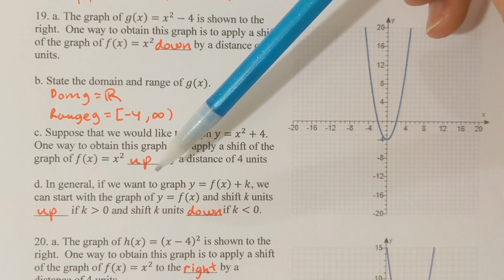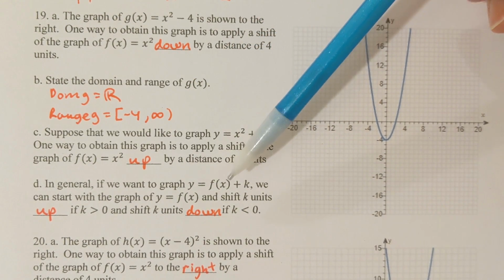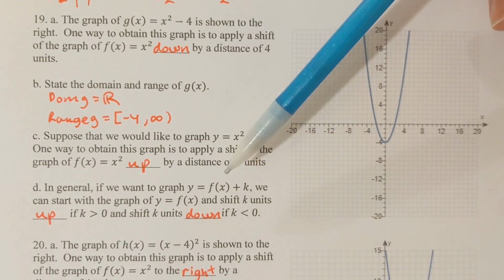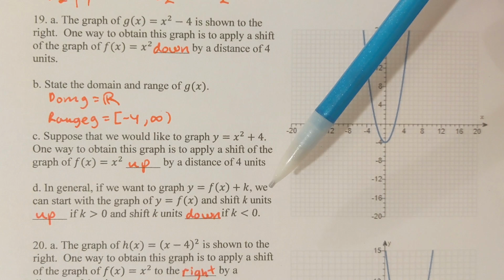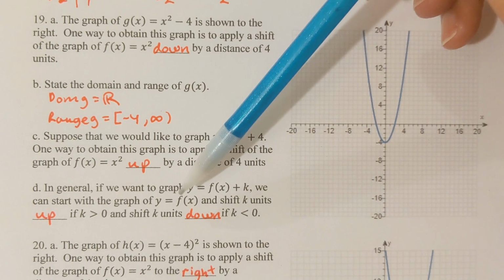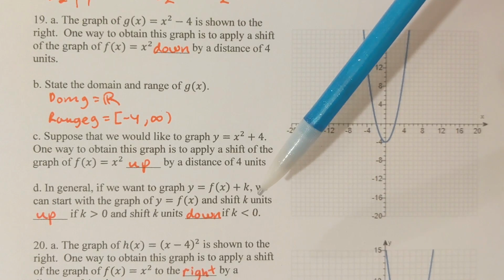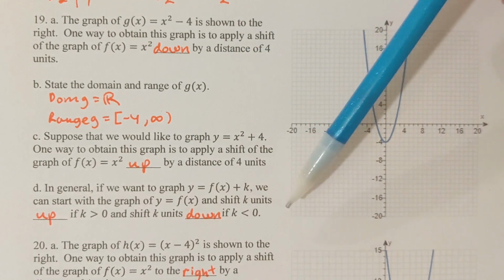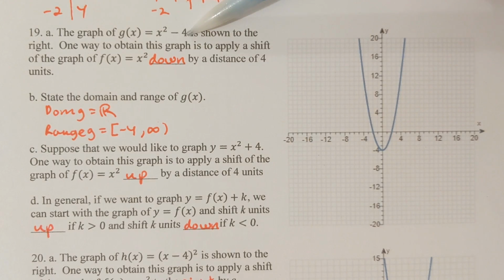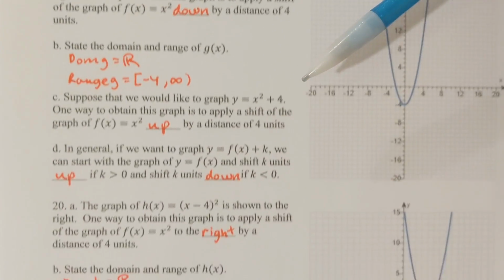In general, if we want to graph a function, here I'm using the square function, but actually this statement applies to any function, and you add a constant at the end, we can start with the original graph of y equal f of x and then shift k units up if k is positive, and k units down if k is negative. So like in this problem, k is negative 4, okay, and you had to shift the parabola down 4 units.